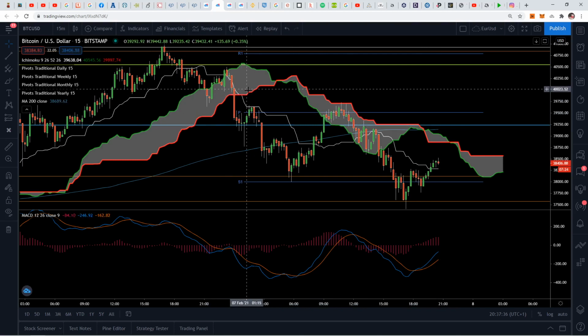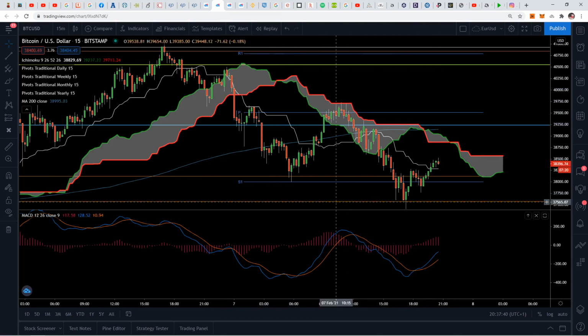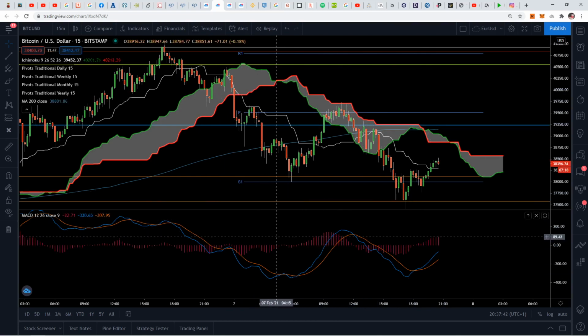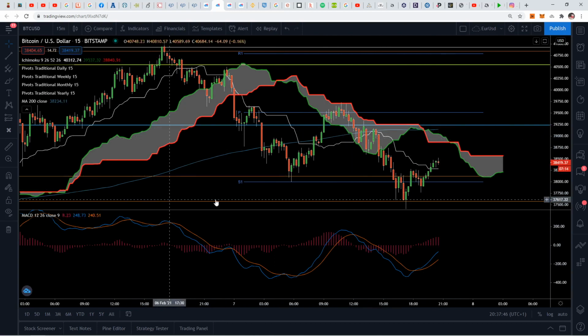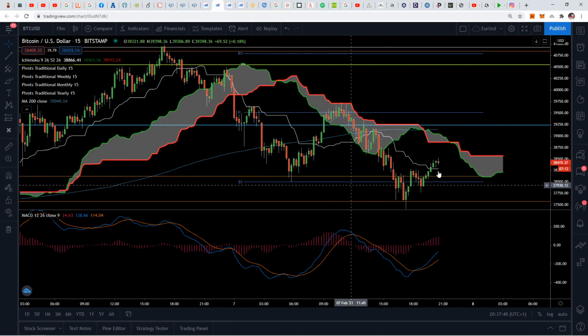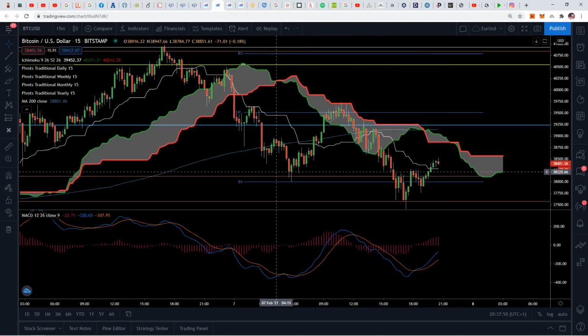You really don't need anything else than an oscillator like MACD. You need a long-term trend line. I also use these pivot points, but they are an additional tool to find confluence resistance, basically.